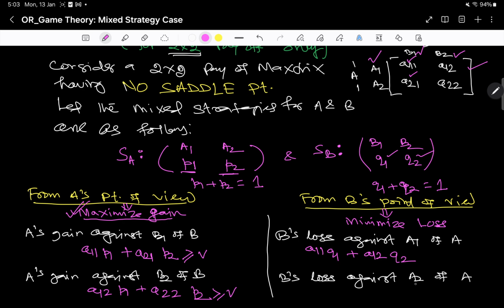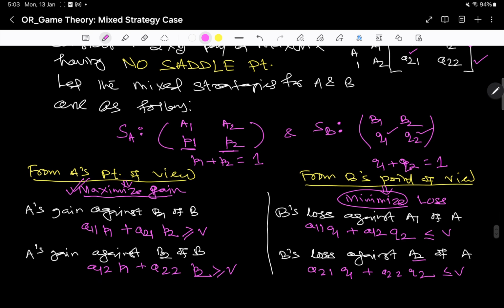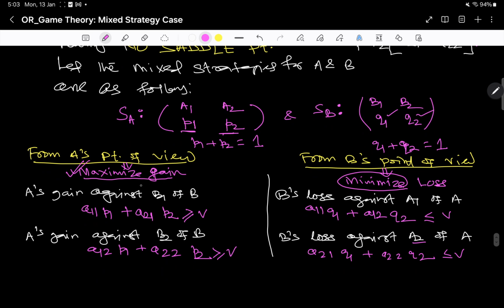And against A2 it will be A21 times Q1 plus A22 times Q2. But the viewpoint of B is to minimize the loss, so it should be less than or equal to V. This maximizes the minimum profit.